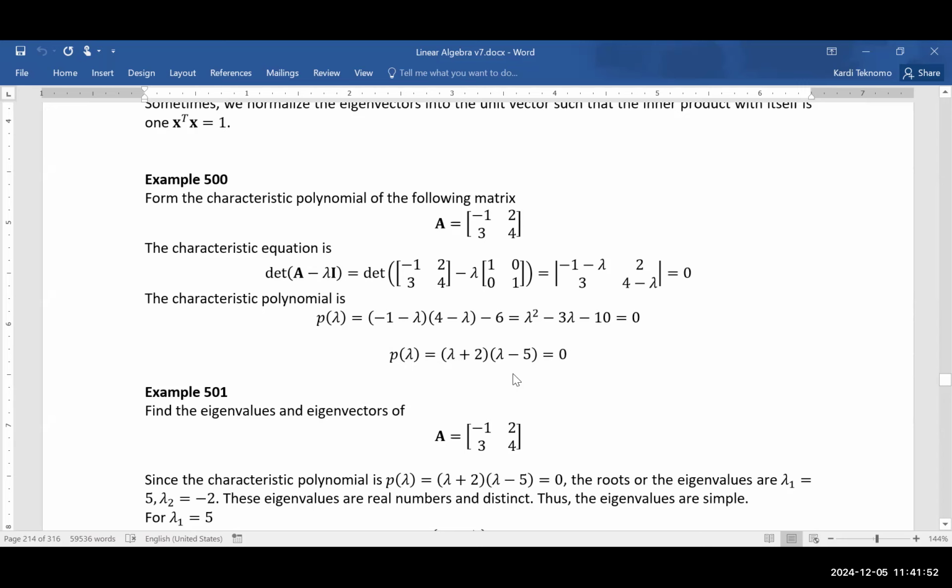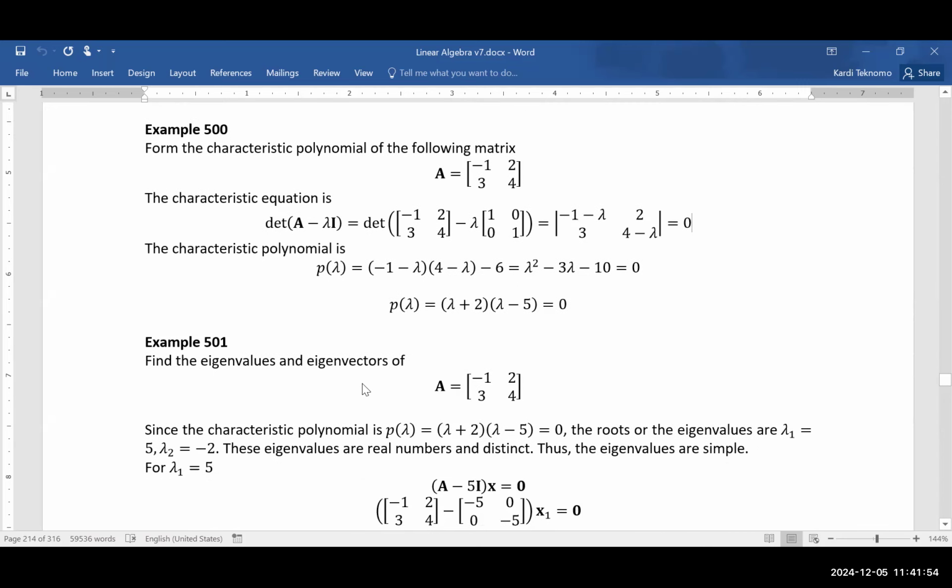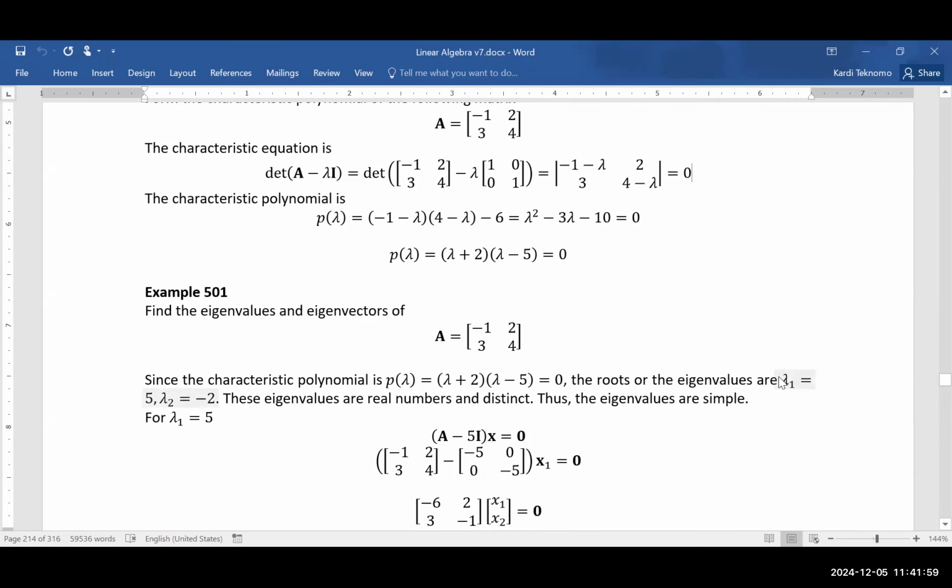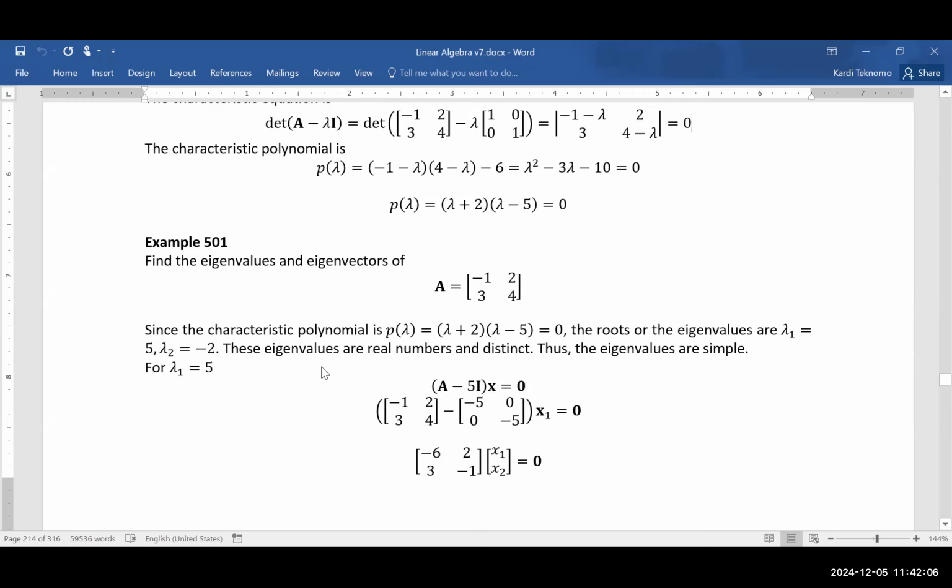The same thing with this. If you have the same matrix here, and you already know that lambda 1 is 5 and lambda 2 is minus 2, then you can calculate the eigenvectors. Remember these are examples where the eigenvalues are real numbers and distinct. 5 and minus 2, they are not the same, so you will have linear independence.